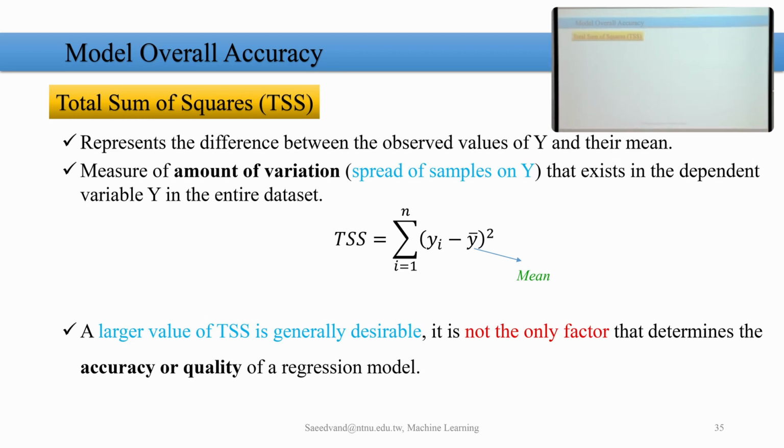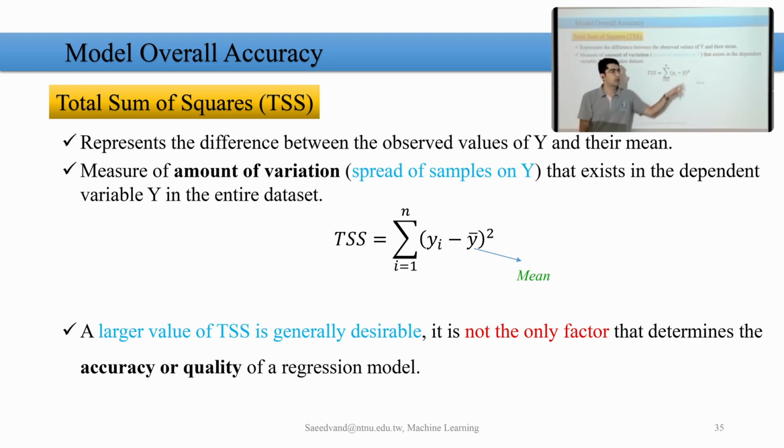Now let's talk about the third metric. We are talking about the total sum of squares, TSS. We say TSS represents the differences between the observed value and the mean of Y. It is very simple, and as I mentioned, we usually use TSS to calculate the other one that we will see. It actually measures the amount of variation, and the equation is like this. TSS is equal to the sum of the labeled Y subtracted by the mean of the data that I have, not the prediction.